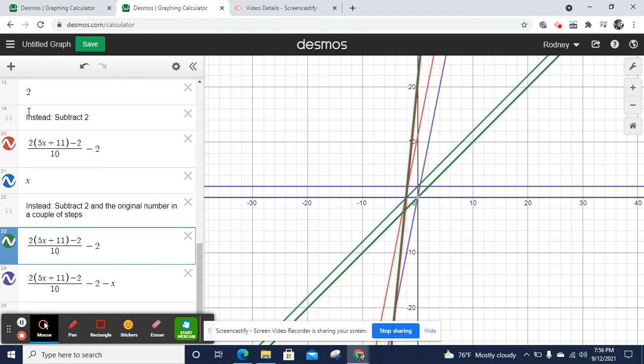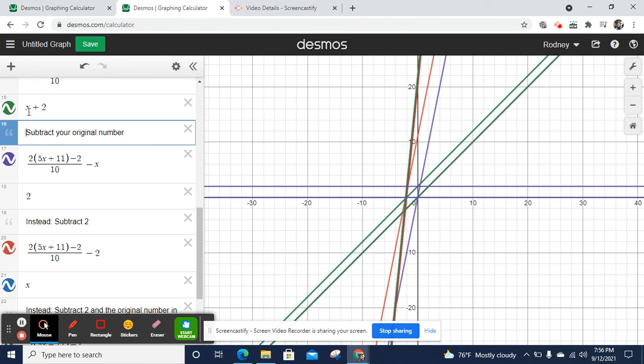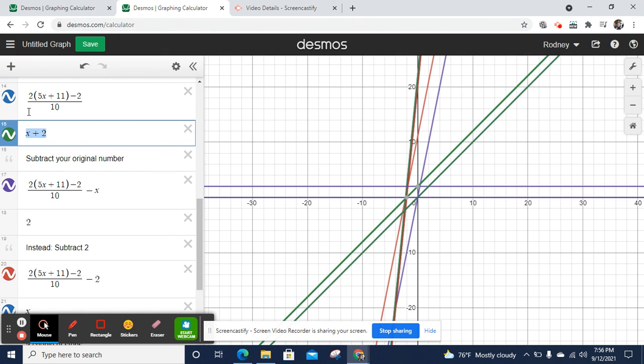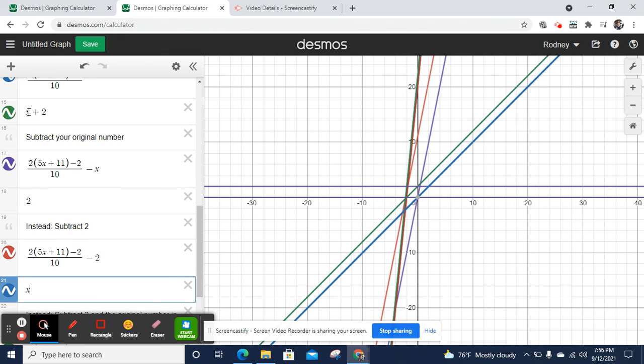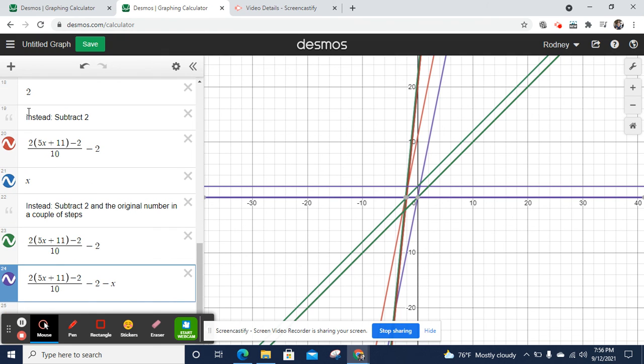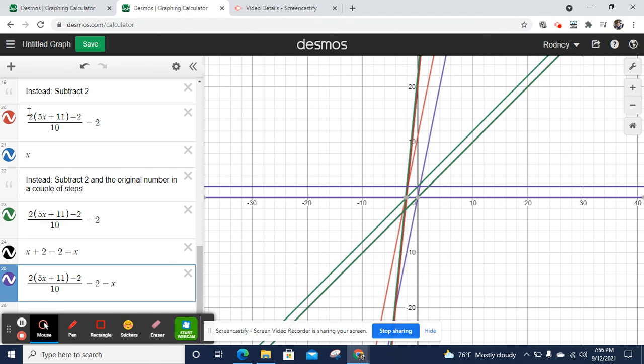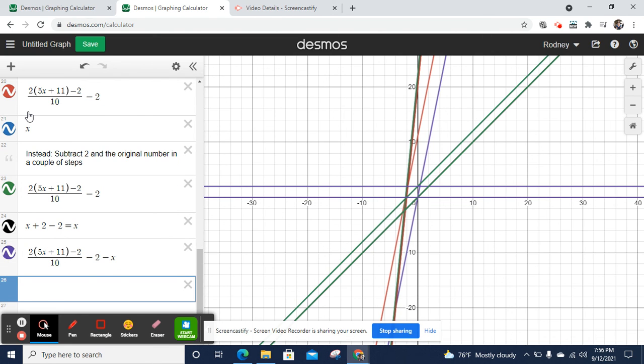Of course, when you do minus 2, that was really just our original x plus 2. So that was just this minus 2, which equals x. And then at this point, we've just got x minus x, which equals 0. And we are at 0.